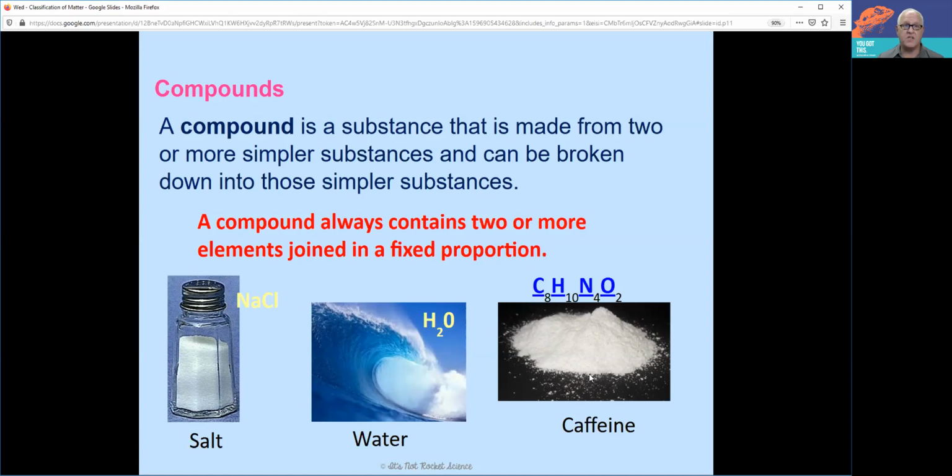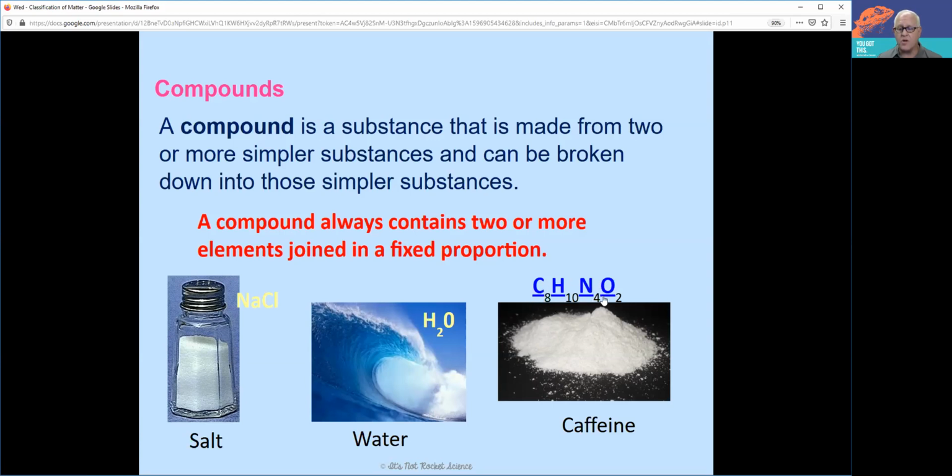Caffeine that you find in your coffee is a chemical compound, and it has carbon, hydrogen, nitrogen, and oxygen. And you remember from biology, those elements were all part of the 6 elements that are necessary for life. But it's how they're mixed together.